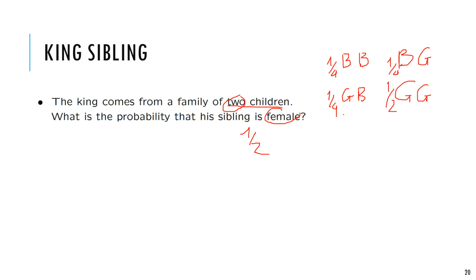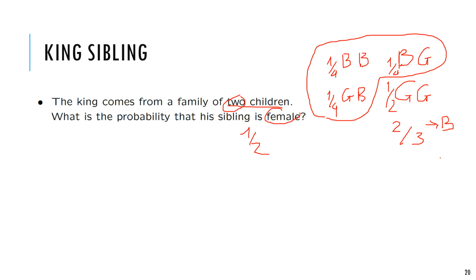So the probability of King being a boy is 3/4.